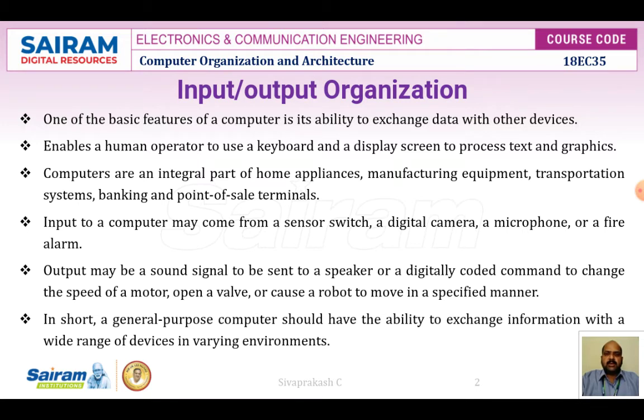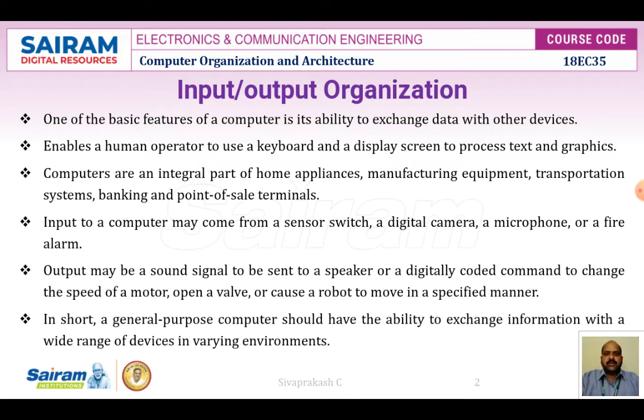Maybe a robot, where instructions can be given to move left or right, top, front or back. In such a way the computer gives a sound signal or an electric signal to external devices. In short, a general purpose computer should be able to exchange information with a wide range of devices in varying environments. Such things are going to be discussed in detail in this module, input-output organization.